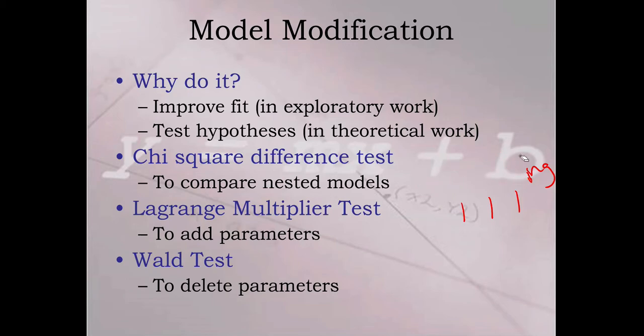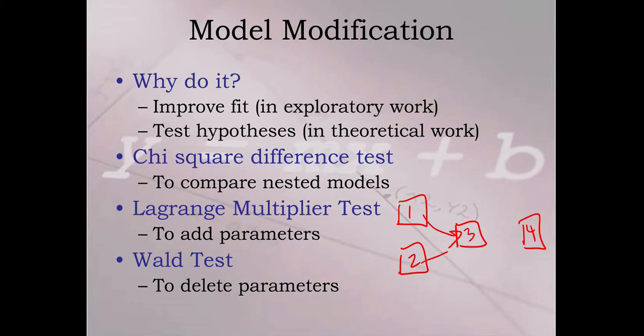So if your original model had been, I think that these two variables relate to this fourth variable mediated through this third variable, but then your data suggests that actually this variable too isn't just mediated, it's also directly related.